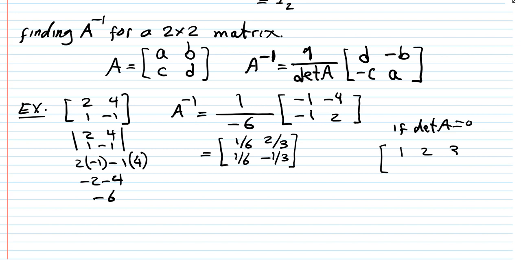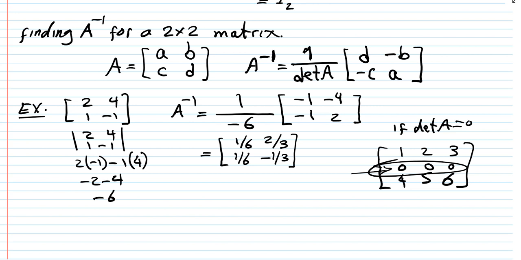Let's say I have 1, 2, 3, 0, 0, 0, 4, 5, 6. That is when one of the rows or one of the columns of the matrix is 0, right? So in the case of, let's say, a system of equations that had 3 equations, 3 unknowns, if I have a row of 0, that just signals that the system is a dependent system.